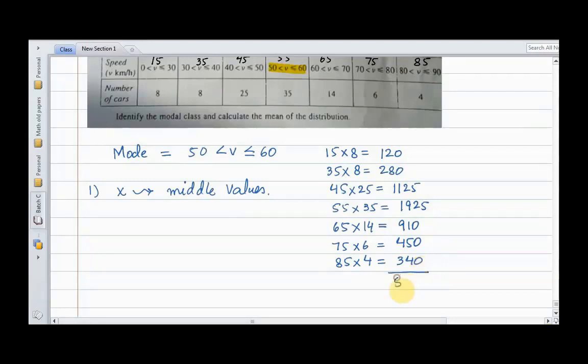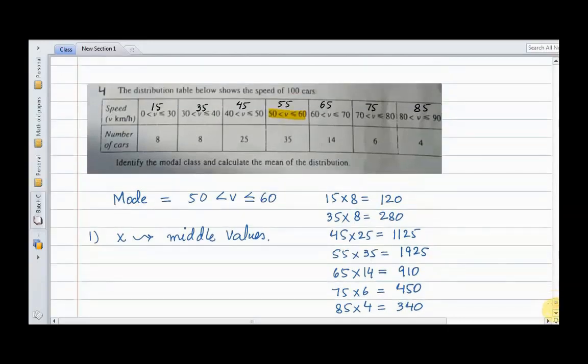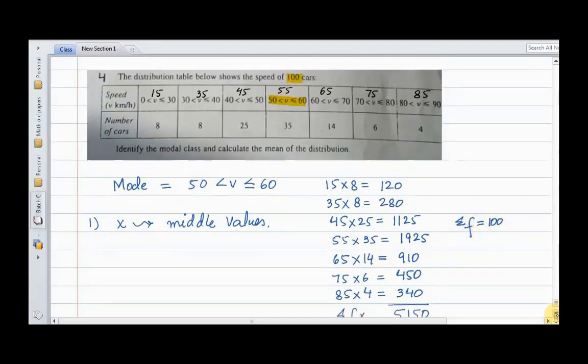So the sum is 5150, and this sum represents summation of fx. The next part is we need to find summation of frequency, and in the question it is clearly mentioned that there are a total of 100 cars. So you know that summation of frequency is equal to 100.